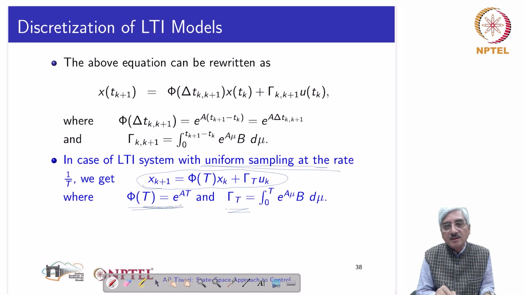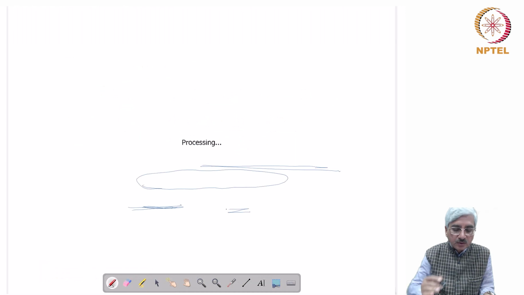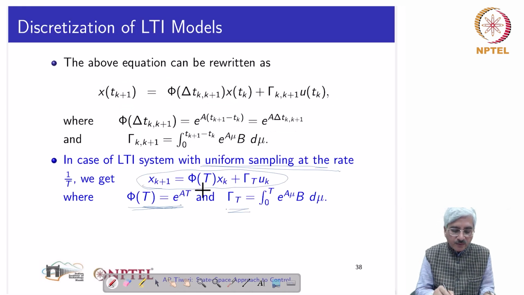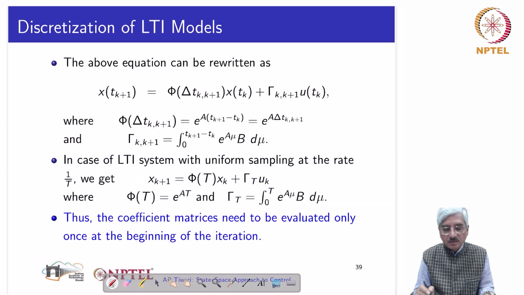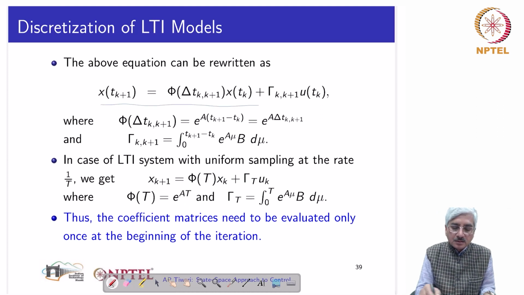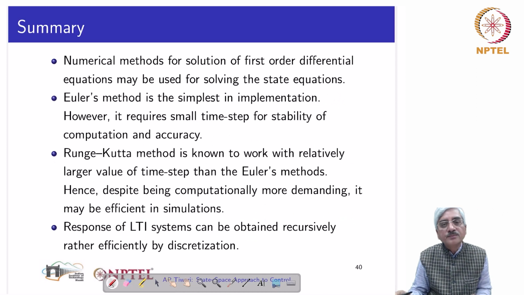If the sampling is non-uniform, then we have to evaluate using this expression. Generally, we have uniform sampling, so phi and gamma are evaluated once, and the state x is solved by iteration using this expression. So it becomes computationally more efficient.